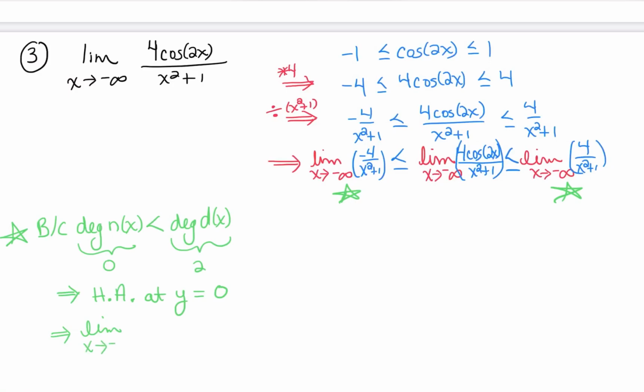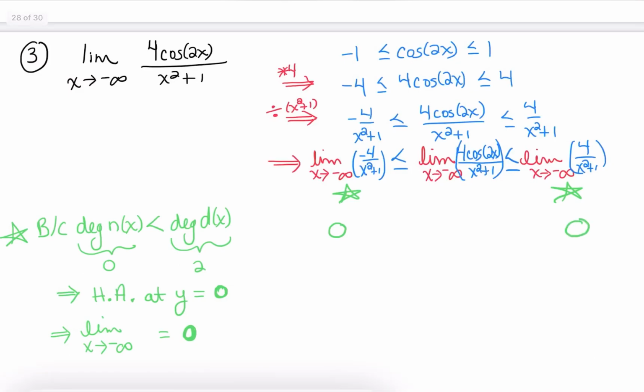So we opened this video really recognizing that limits as x goes to infinity or negative infinity will exist where there are horizontal asymptotes. So that's a good justification for that one. Off to the side, we were able to apply that line of thinking, and so I'm going to have 0 for both of those limits.